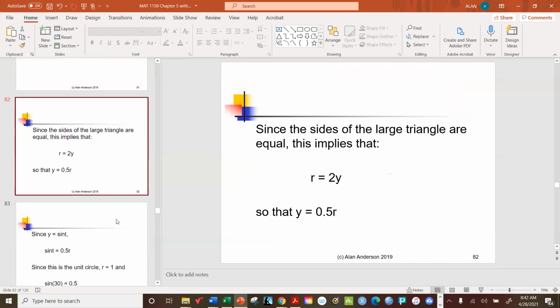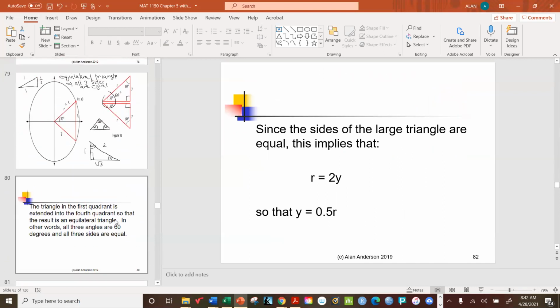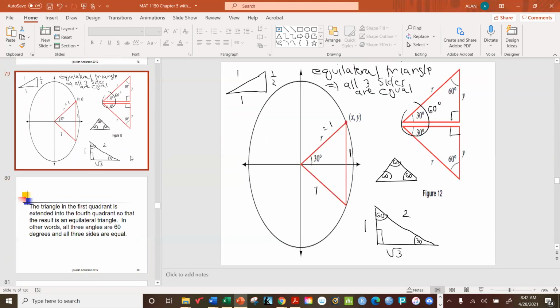Let's see what we've got. Now remember, the base of the triangle is x. The x coordinates are right here. X is the base, which is 1. Y is the height, and that would, of course, be 1/2. So the coordinates are 1 and 1/2.